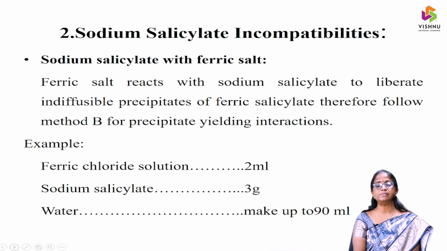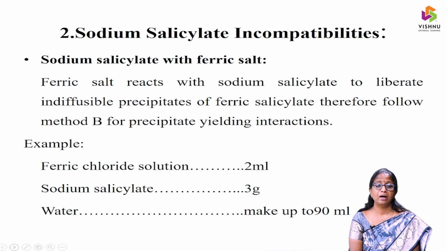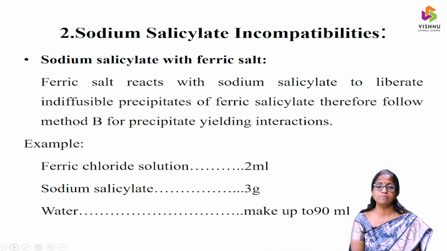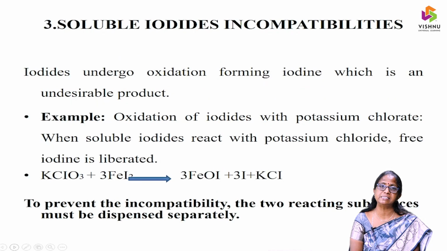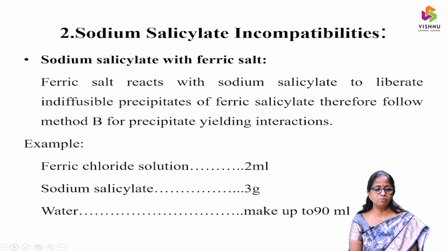Next, sodium salicylate incompatibility. Ferric salts react with sodium salicylate and you get an indiffusible precipitate of ferric salicylate. Whenever you find salicylate, you will always get an indiffusible precipitate, so you follow method B. Example: ferric chloride and sodium salicylate give ferric salicylate as an indiffusible precipitate.